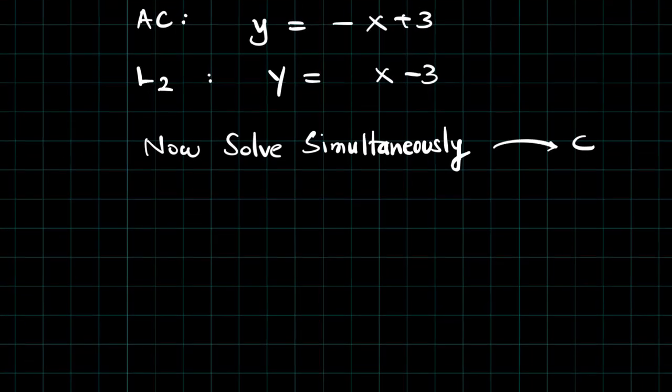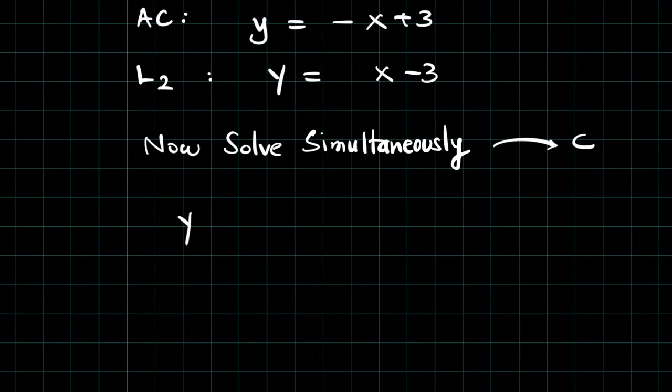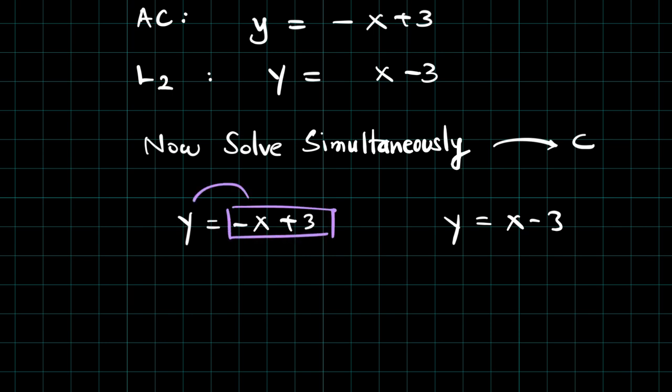Very simple working. y equals minus x plus 3, y equals x minus 3. We will use substitution. Negative x plus 3 equals y, positive x minus 3 equals y. In other words, negative x plus 3 equals x minus 3.